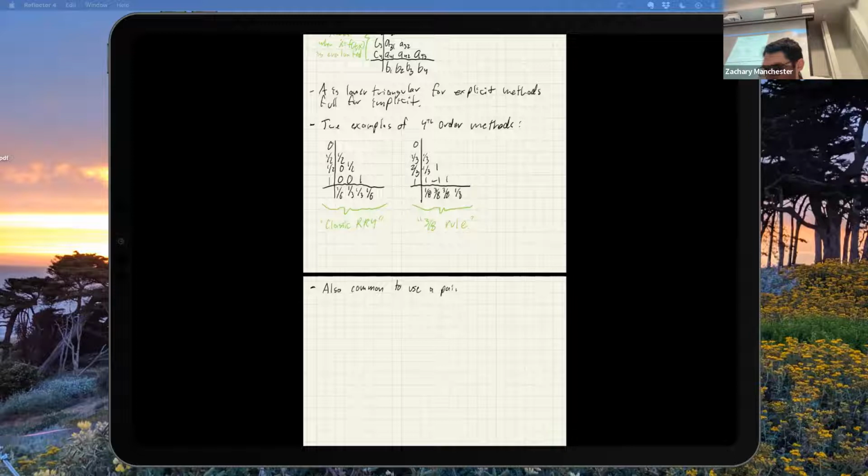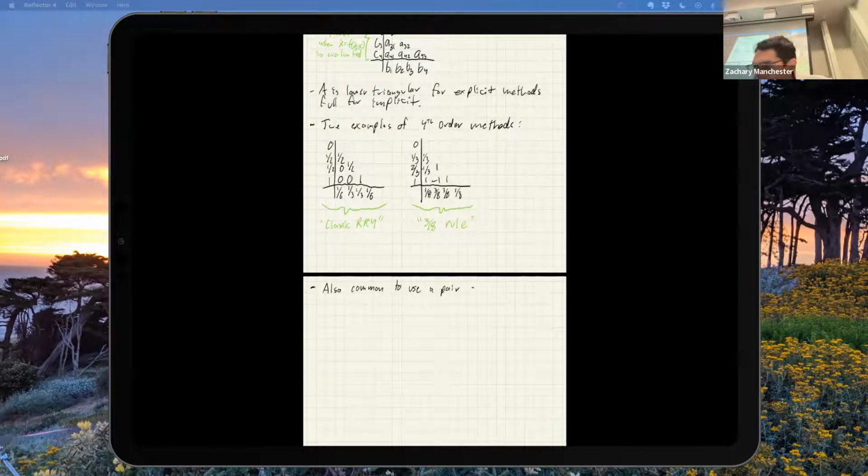There's other versions of this, right? The MATLAB ODE package has ODE23, which is a second and a third order pair. And it's also pretty common to use a 7-8 pair. That's common in astrodynamics, like in spacecraft and orbit mechanics, because you want really high accuracy and you can take big steps there.